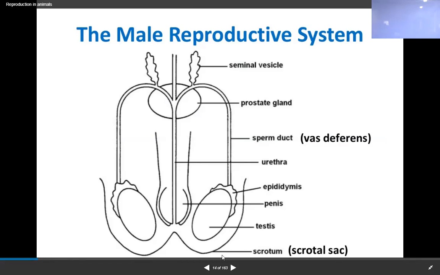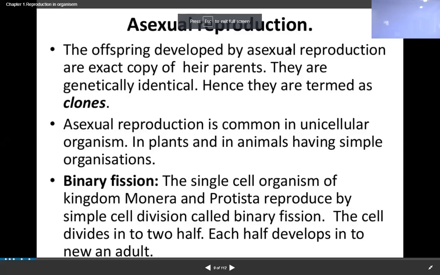Wait, Rachel. Wait. Okay. Is it visible now, Sejal?